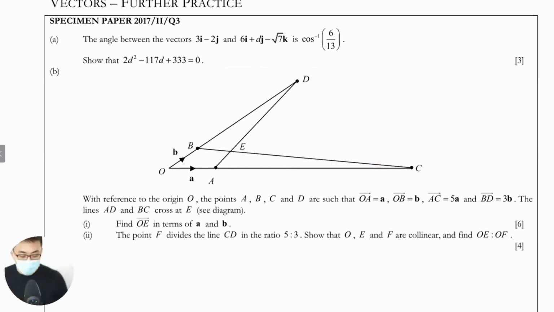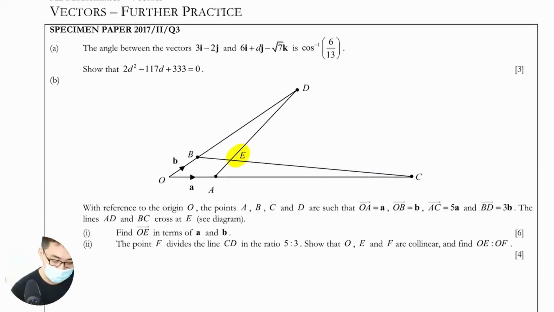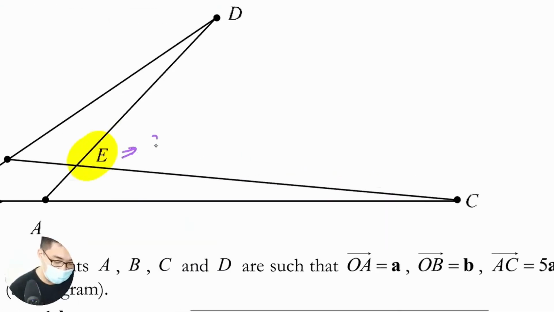So how do you solve? Now we already established that everything can be expressed in A and B. Then how do you actually solve E out? We use our favorite line BC equals to line AD.